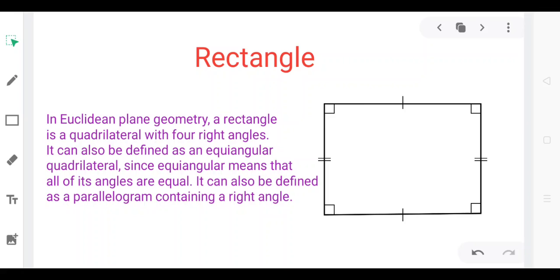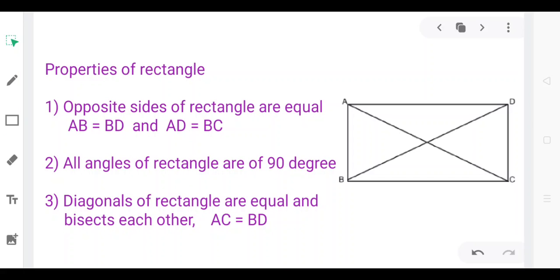It can also be defined as an equiangular quadrilateral, since equiangular means that all of its angles are equal, and it can also be defined as a parallelogram containing a right angle. Here in the figure you may observe all the angles of the rectangle are 90 degrees. Now let us learn its properties.